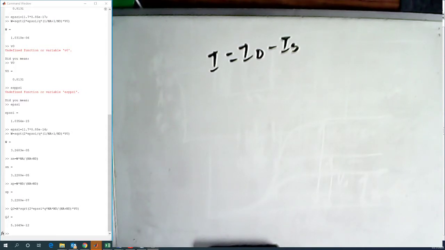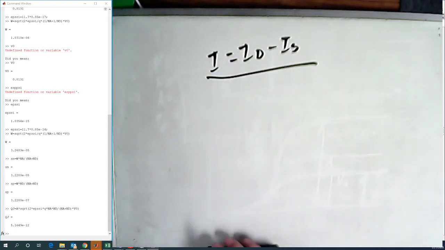ID is the diffusion current, and then the drift current is IS, okay? And so what's left over is the diffusion current increases substantially, and then we eventually get current I that goes through there. So that's all I'm going to say about it, is we can get to a point where ID minus IS is not zero. Okay, if we're in stasis, then it's zero.